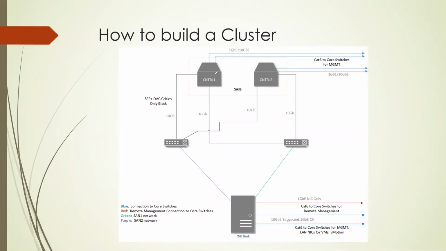The controllers will usually have multiple management ports, so we typically want to connect our management ports up into our core network, because they will have a dedicated management IP for each controller. On the higher-end SANs, you'll have an IP KVM in there, so we can KVM directly into the controller if something fails.